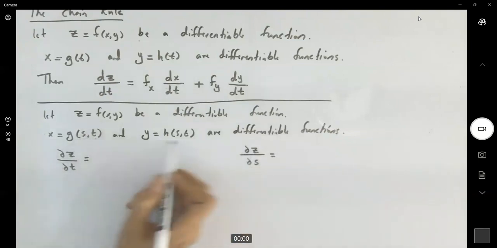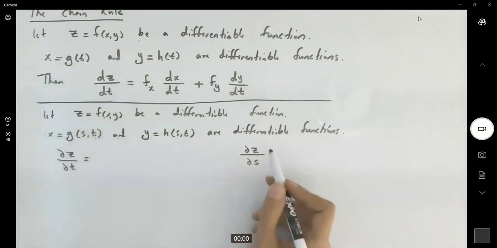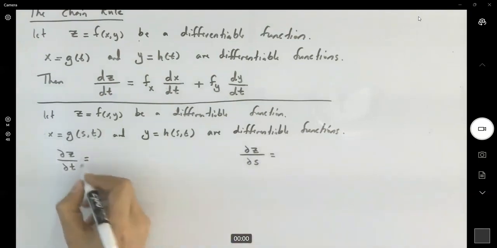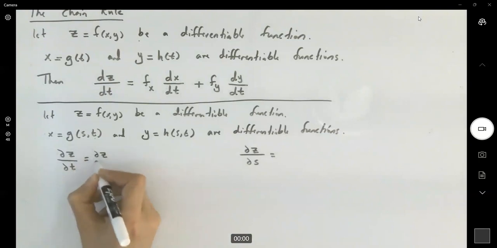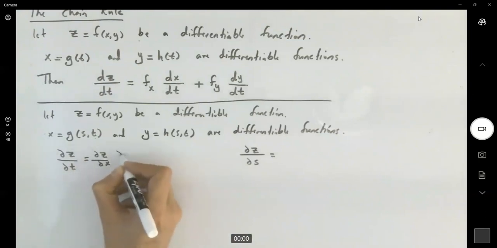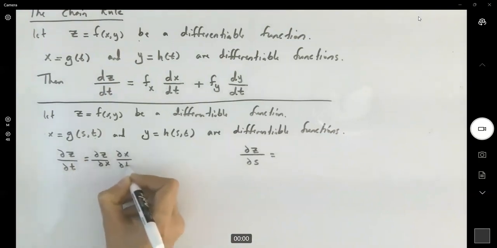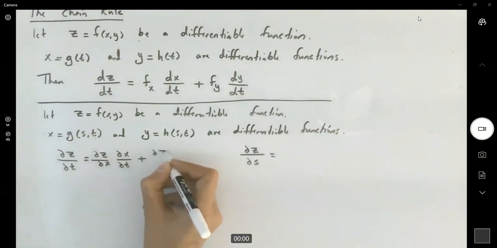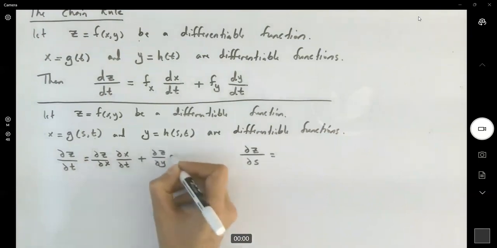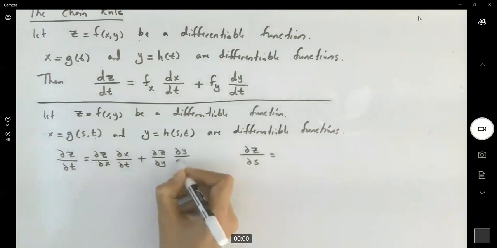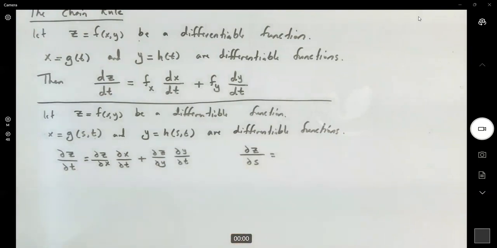We are introducing two new variables, so now we are taking the partial derivatives. This guy is going to be partial derivative of z with respect to x, partial derivative of x with respect to t, plus partial derivative of z with respect to y times partial derivative of y with respect to t.